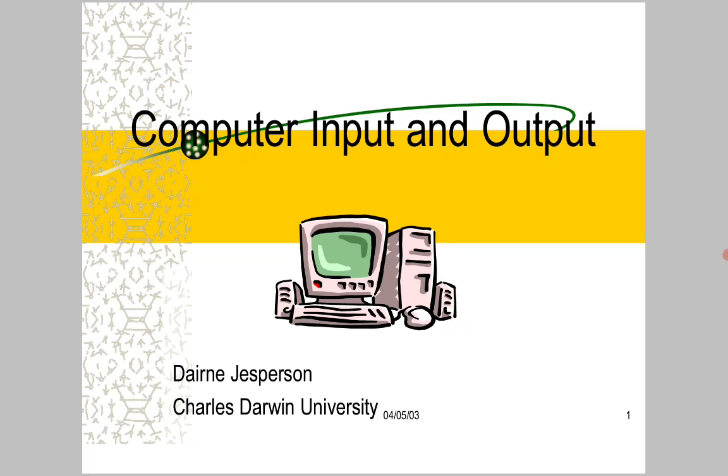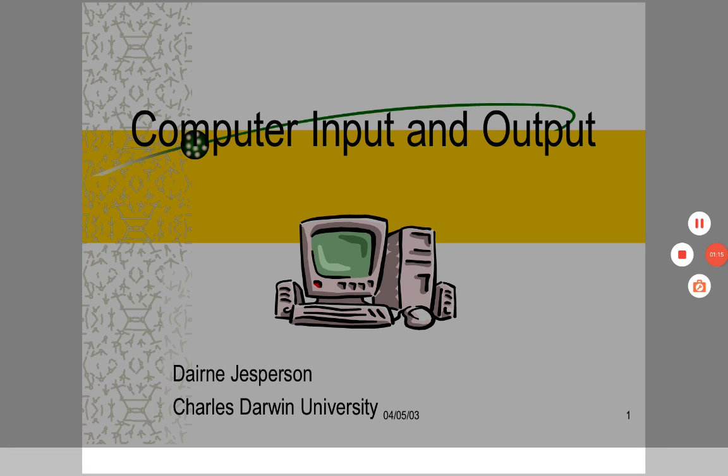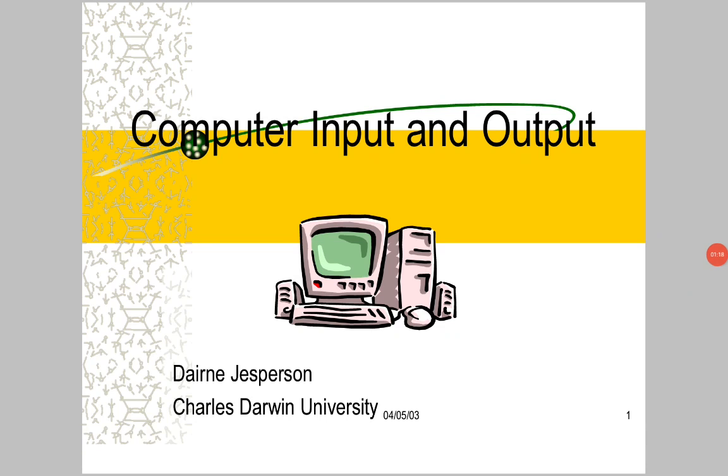So input devices are simply used to accept some data or information from the end user to the CPU or central processing unit. Input devices are used to accept data, information or some input from the end users by using some hardware devices called input devices.